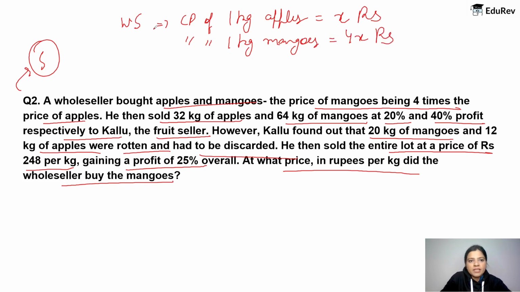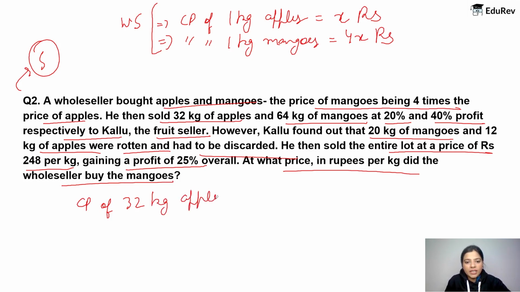So this is for whom? This is again for the wholesaler. Both these equations are for the wholesaler. Okay. So he sold 32 kg apples and 64 kg mangoes at these profits. So we can directly also write down CP of 32 kg apples, which should be nothing but 32x rupees.